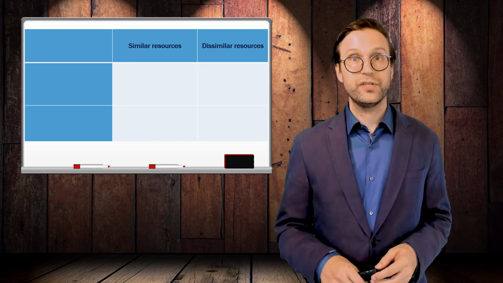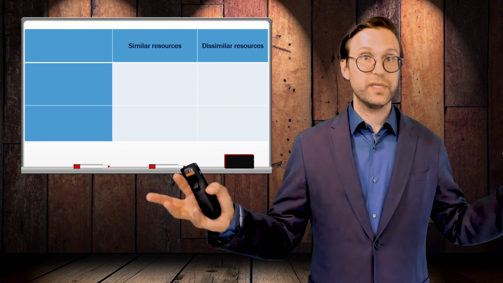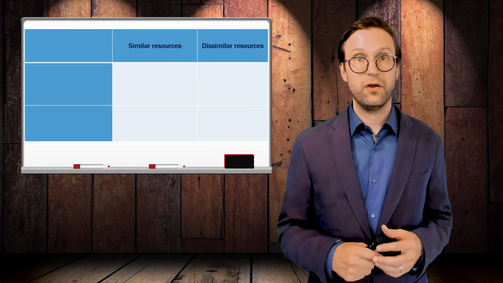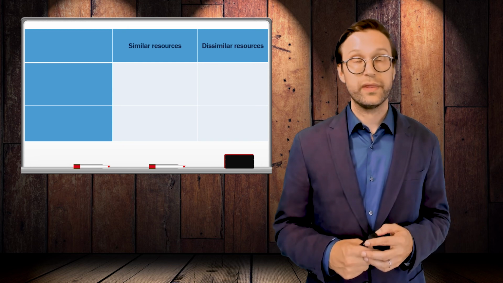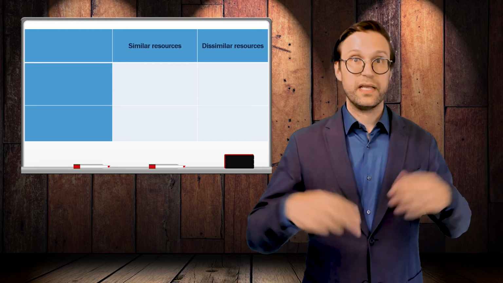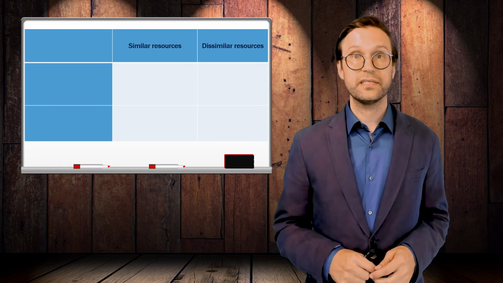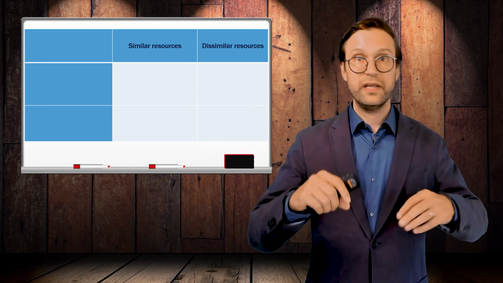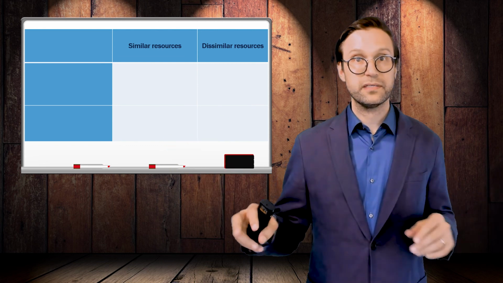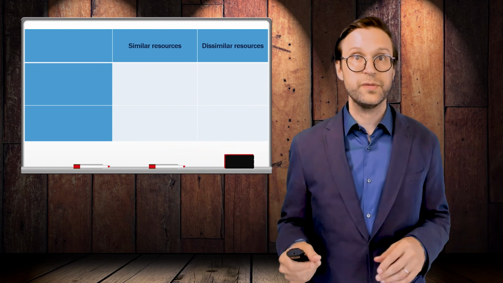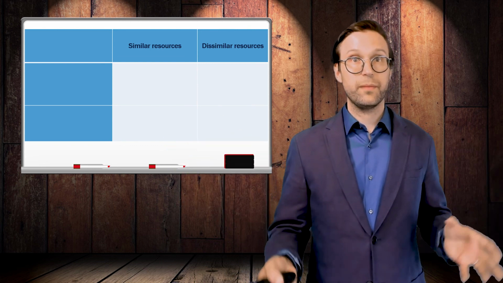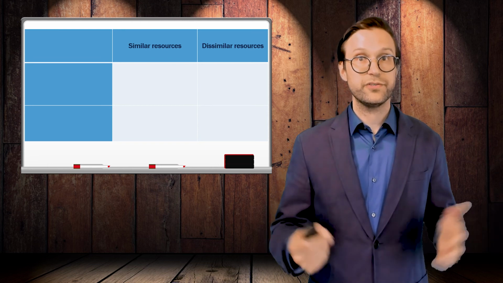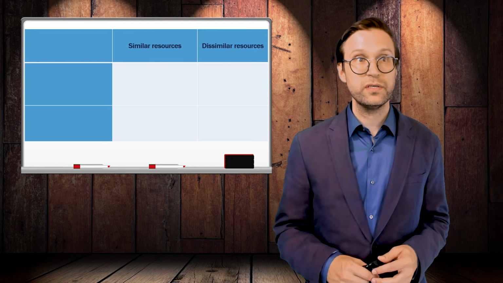So you may have 2 very different businesses that are creating synergies based on overlapping resources within them. So for example, most companies have an HR department, and if 2 companies merge, even if they're in completely different businesses and have completely different customers, they could still combine their HR departments, and that would be an example of a synergy created with a similar resource.